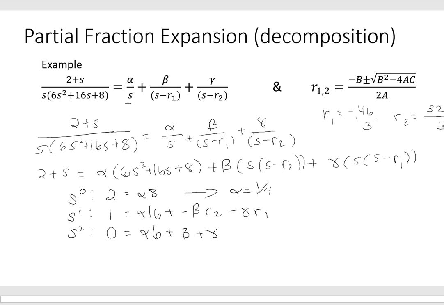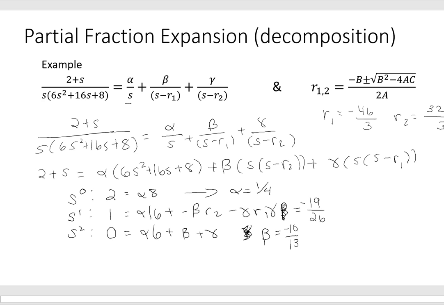Let me solve this for... Okay, so I solved this system of equations, and I've determined that beta is equal to negative 19/26, and gamma, hold on, this one was gamma, I apologize, and beta is equal to negative 10/13.